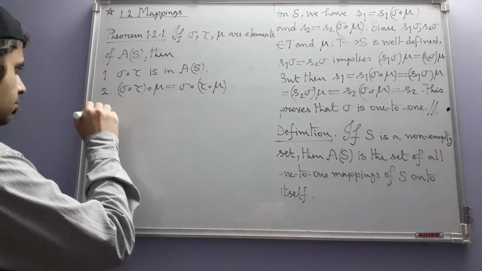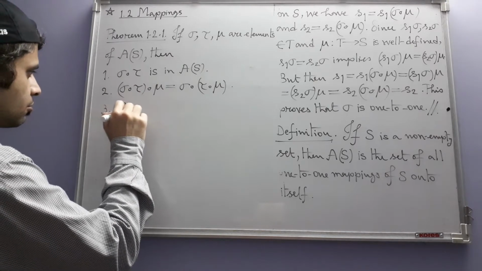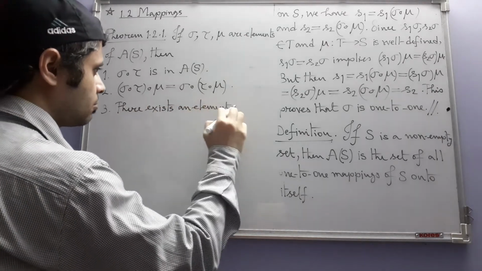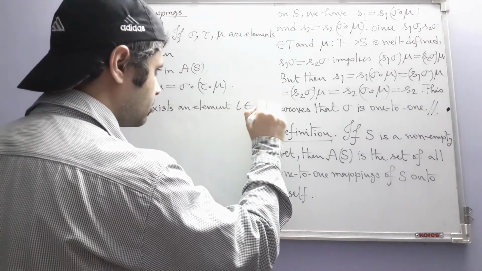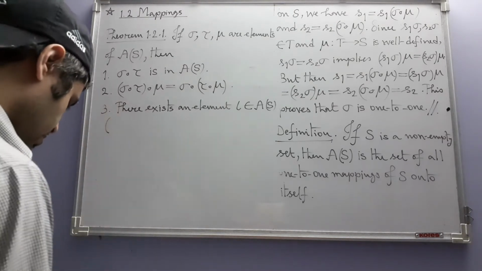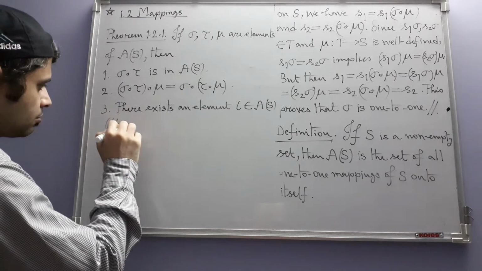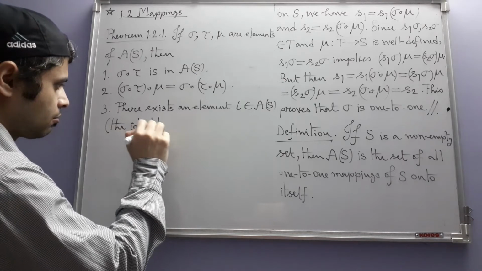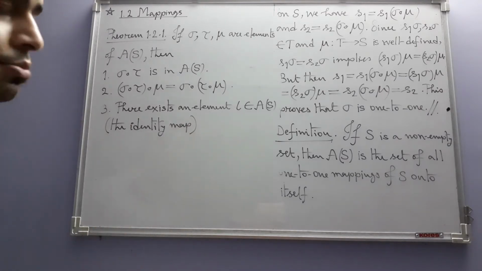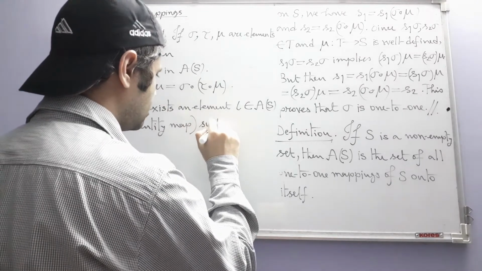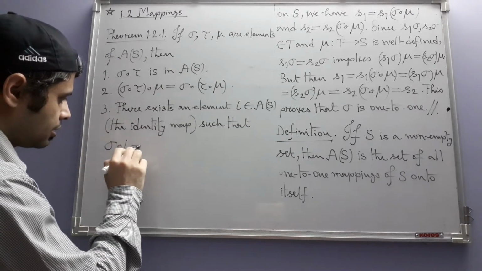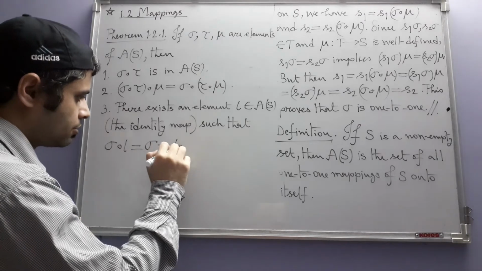The third one: there exists an element iota belonging to A of S, which is actually nothing but the identity map on S. Map, we write in short, actually it is mapping, such that sigma composition iota is equal to sigma, which is equal to iota composition sigma.